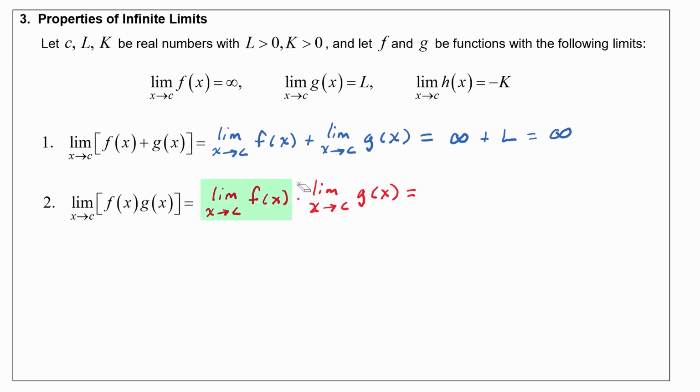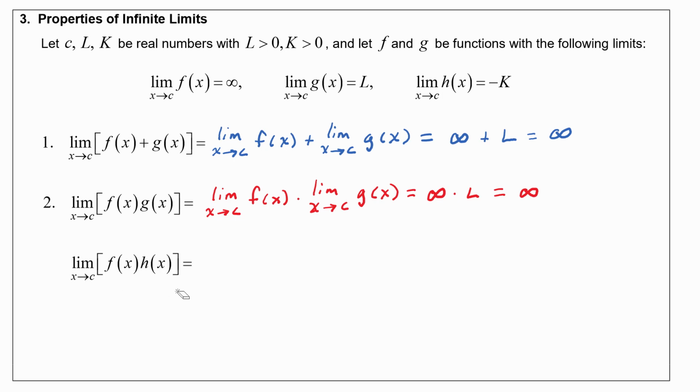This first limit we already know is infinity, and we have to take that times this second limit, which is this positive number L, and infinity times a positive number is just infinity.